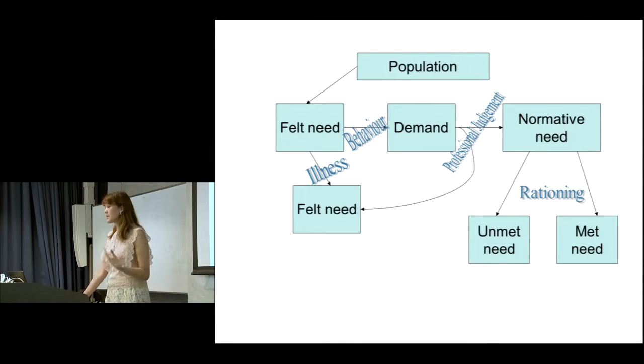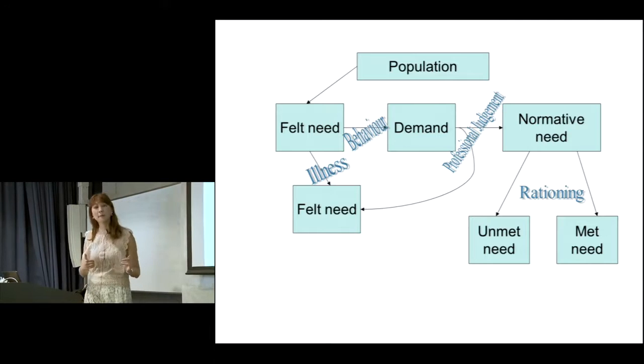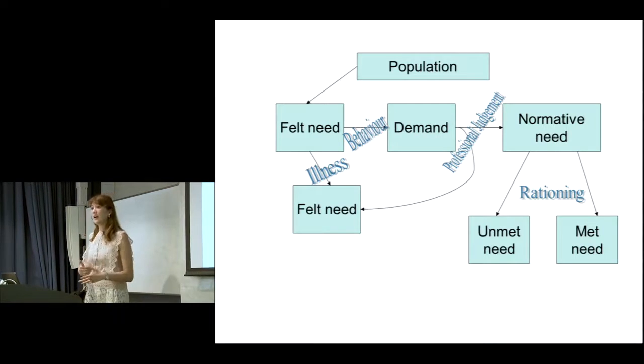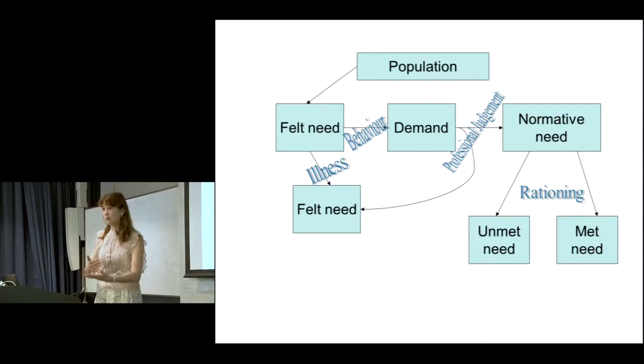Or there's what we call rationing. It's impossible for all health systems and healthcare services to meet all needs straight away. For example, a waiting list is a form. So you might not be able to meet your need immediately. You still have a normative need. It's just not fixed immediately. It might be a bit of a wait.